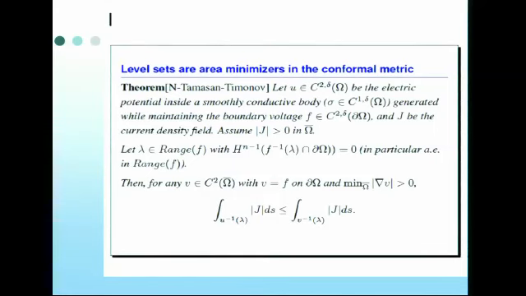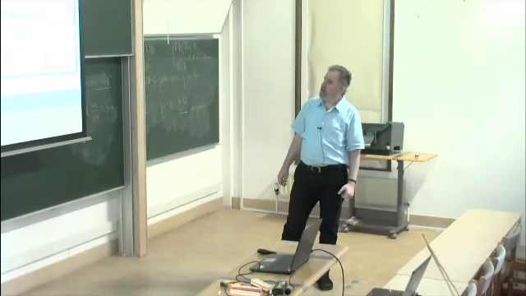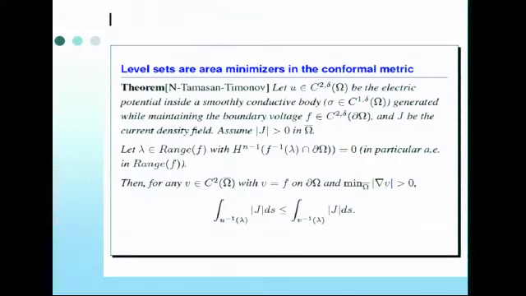This is a deeper result inspired by the Bombieri, De Giorgi, and Giusti paper, where we show that not only is this trivially a minimal surface, in other words, a critical point of the functional, but level sets are in fact area minimizing.